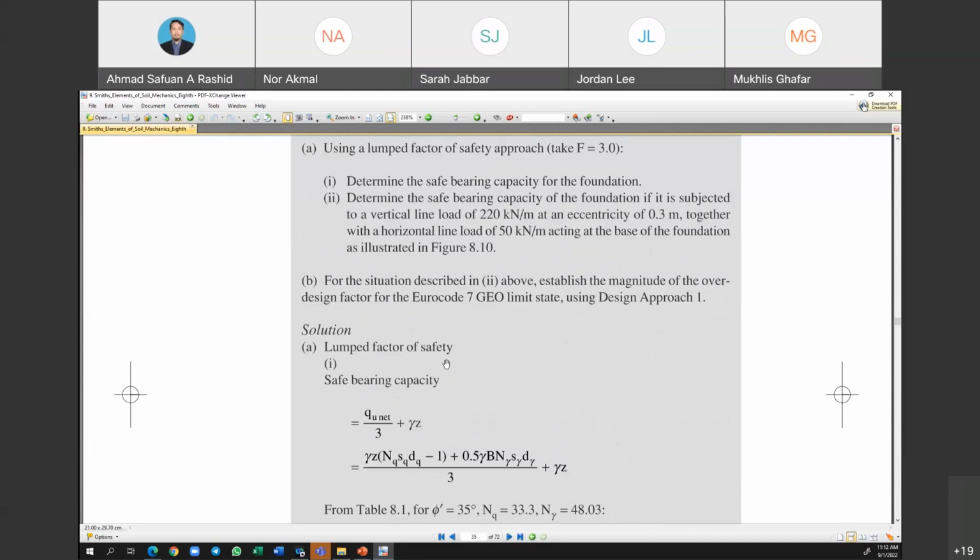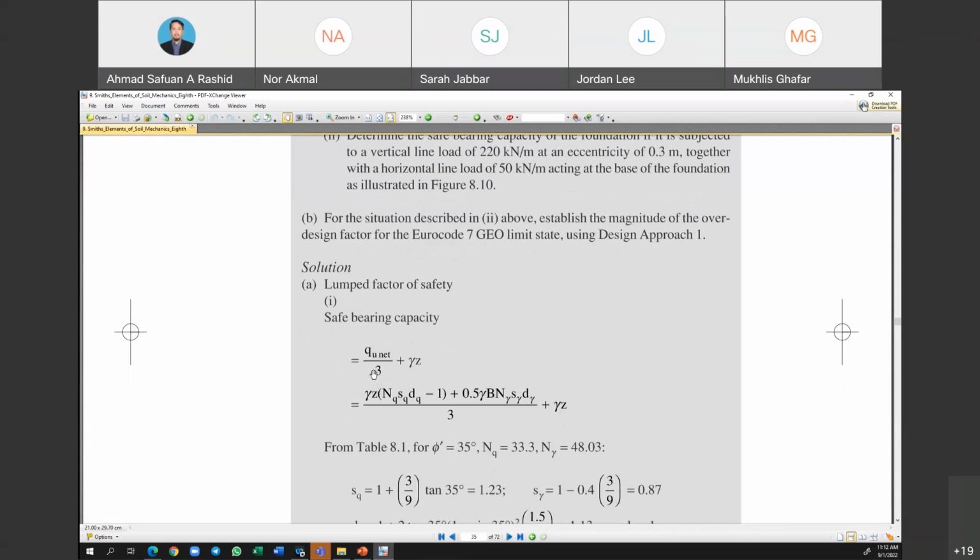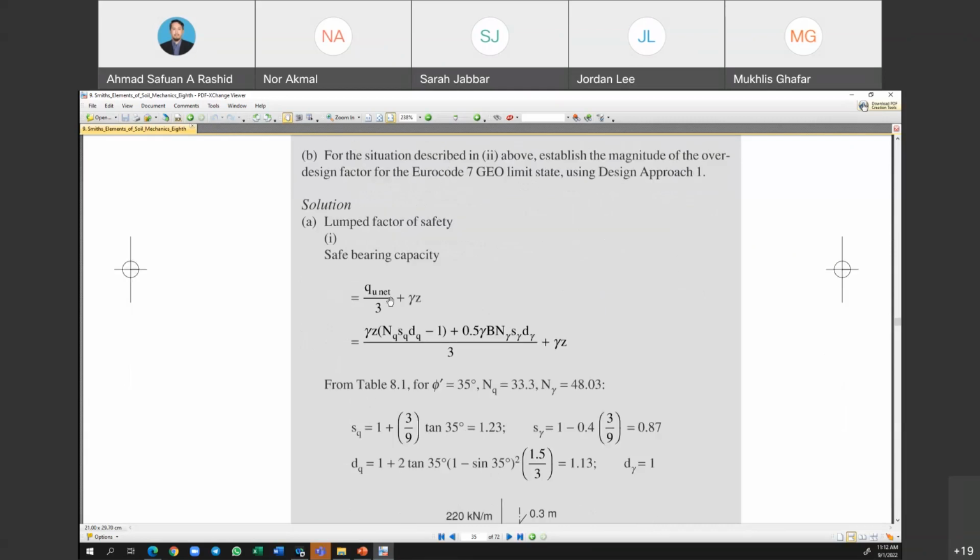Then we need to calculate using Eurocode 7 on situation number 2. So for the lump safety factor and safe bearing capacity, this is the equation that we may use.